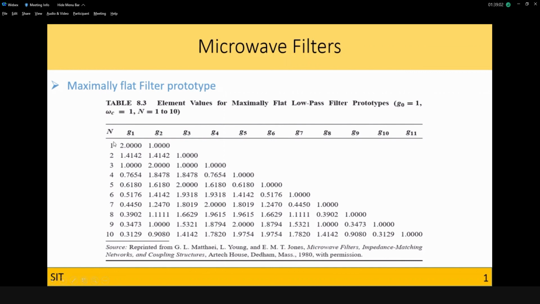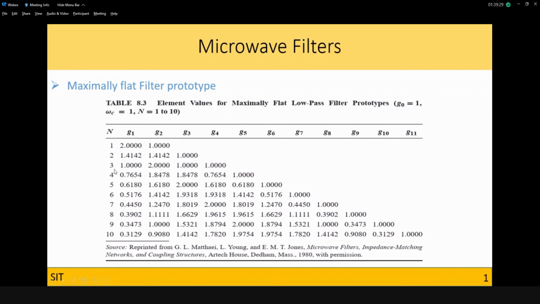Here you can see the values of G1, G2, G3. Based on these normalized values we can design the filter, and from the normalized values we can get the absolute values, and thus the L and C values. This is the table we need to use for the maximally flat filter prototypes.